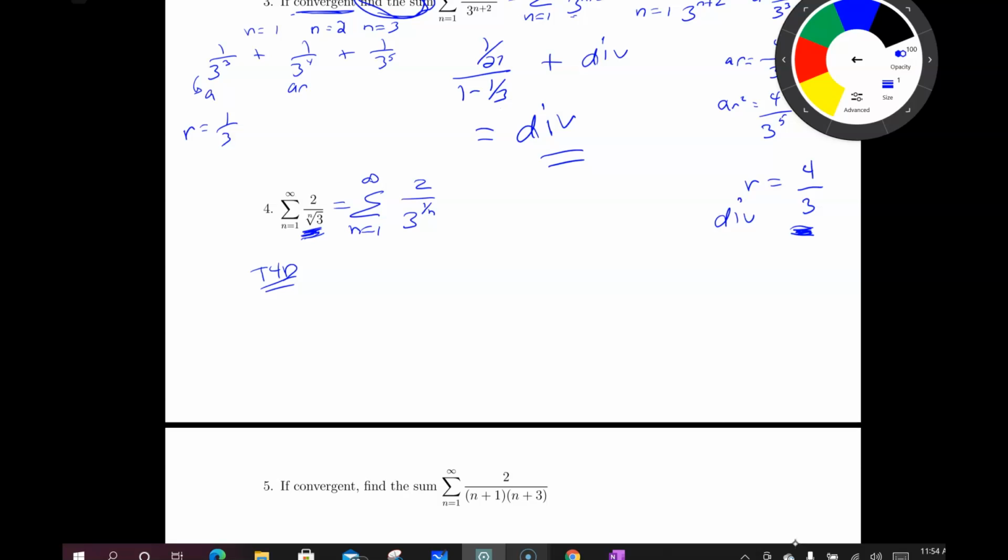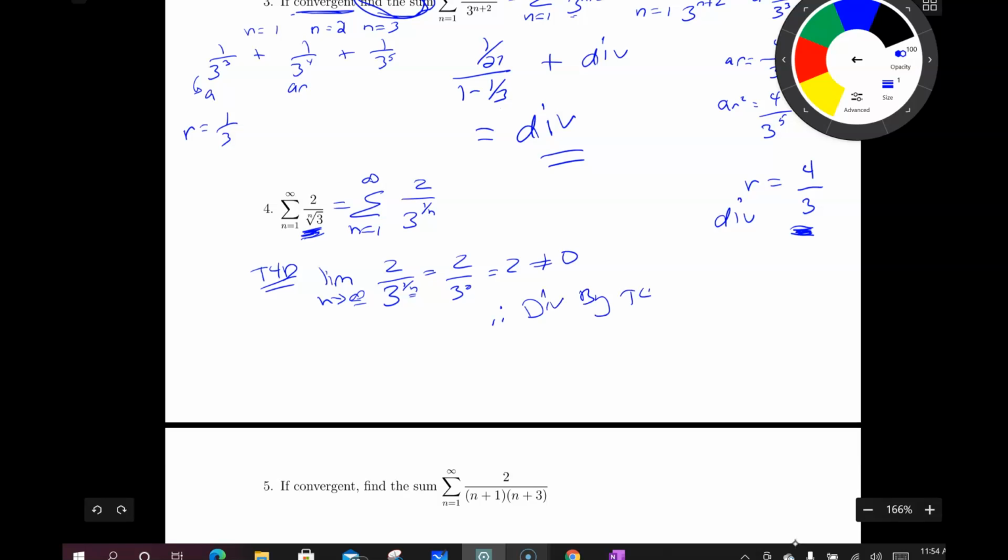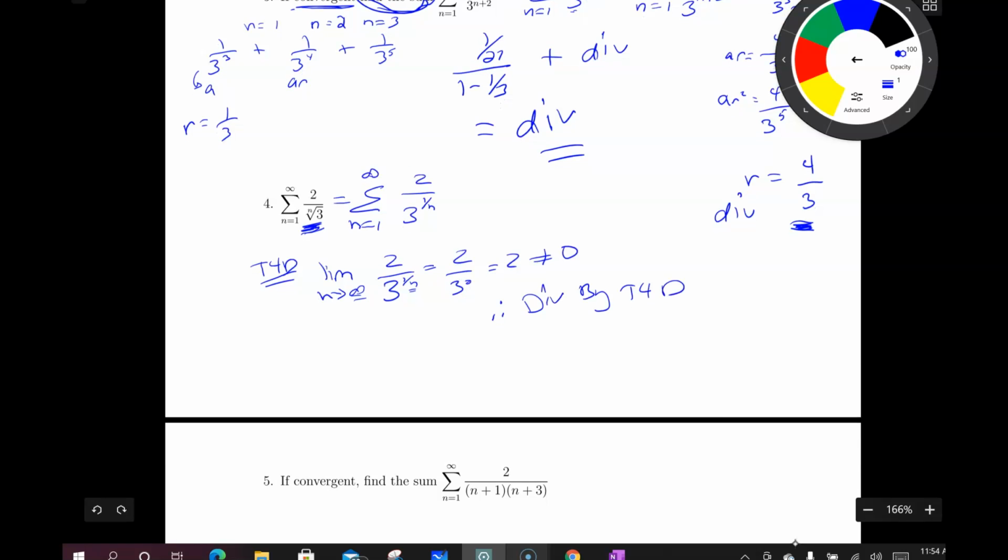The only thing that can be used on this is my test for divergence. So I get 2 over 3 to the 1 over n. When I put in infinity up here, 1 over infinity is 0. 3 to the 0 is 1. So I get 2. That does not equal 0. So therefore, it diverges by the test for divergence.